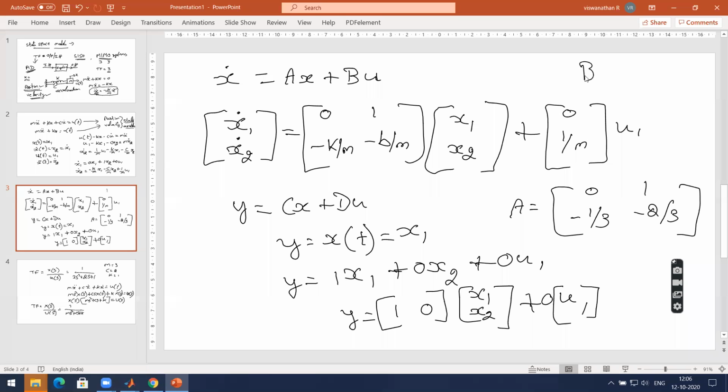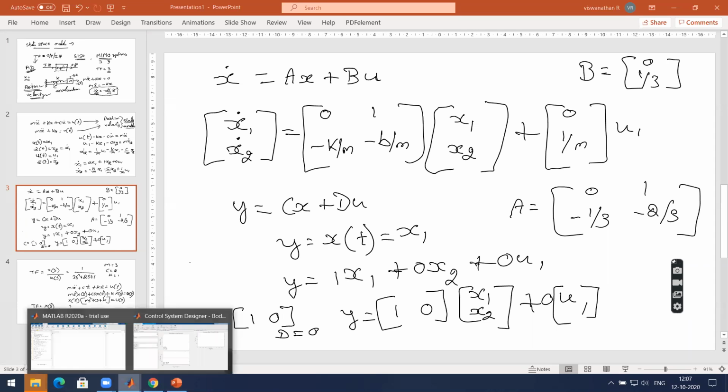B is 0 and 1 by 3. What is the C matrix? C matrix is 1 and 0. D is 0. Okay. Now, what I'll do, I'll go to the MATLAB.